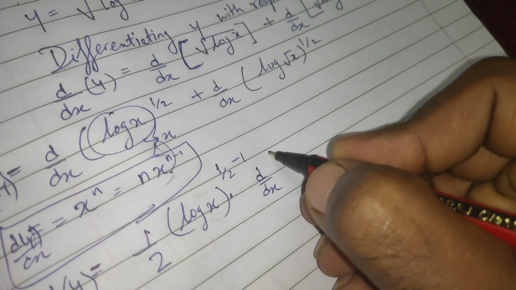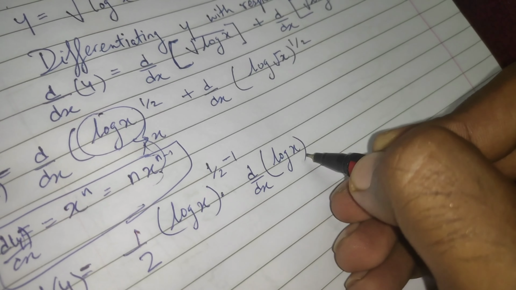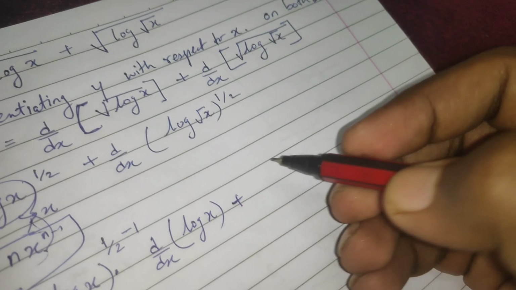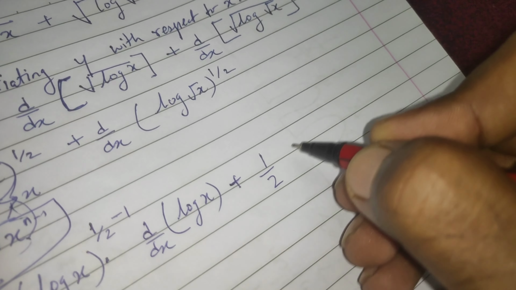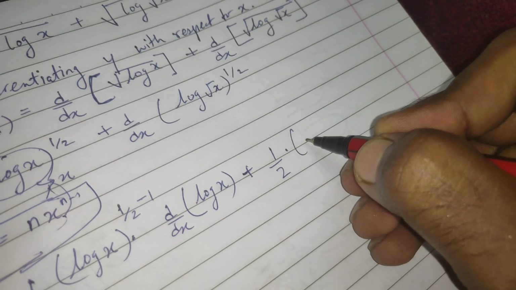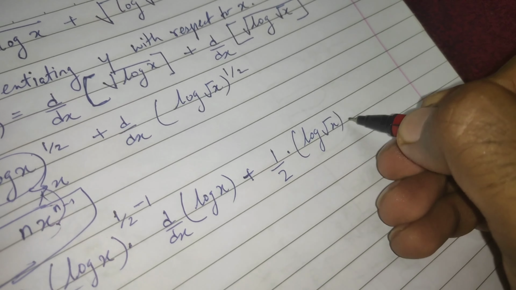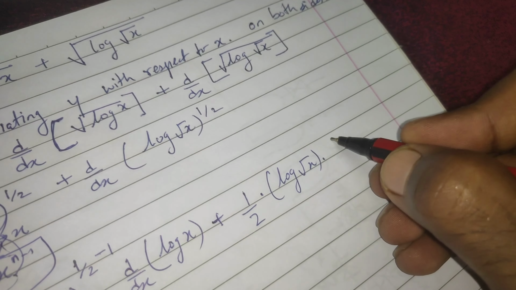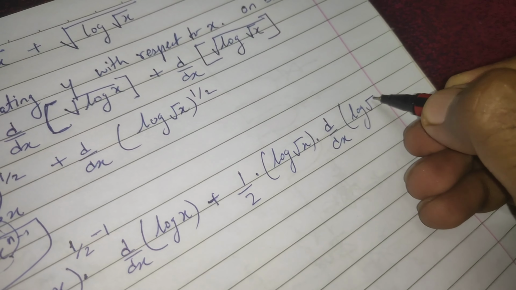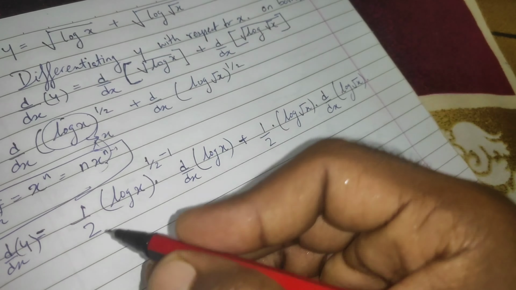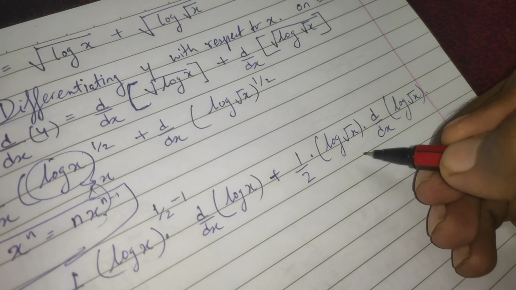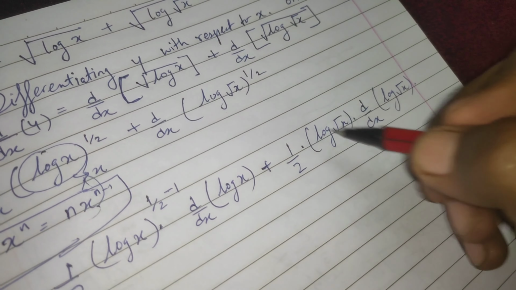Into derivative which we have considered as x, so log x, plus here also x raised to n is half, into x which is log root x, log root x into derivative of log root x. Okay, so in the next step you have to write this x raised to n, nx raised to n minus 1, so log root x raised to half minus 1.